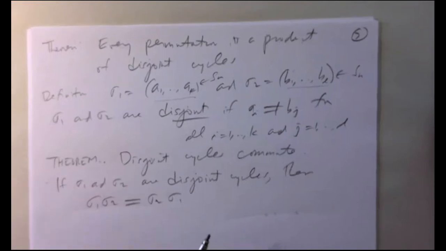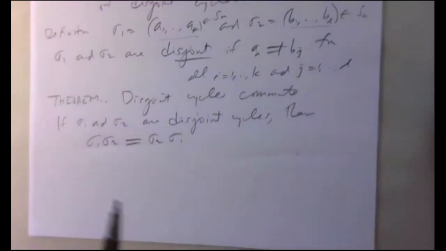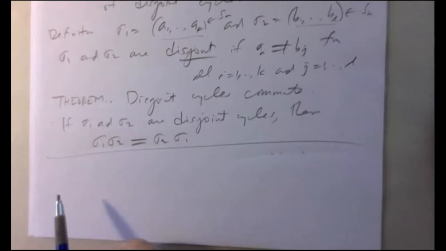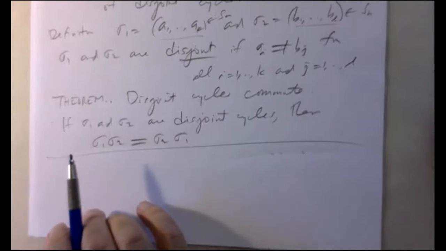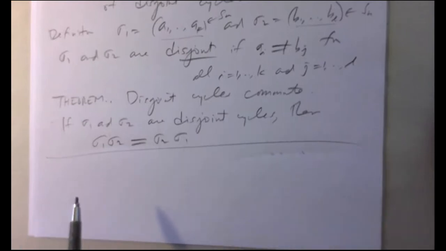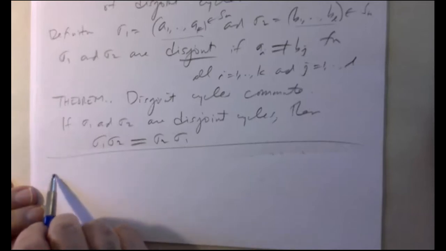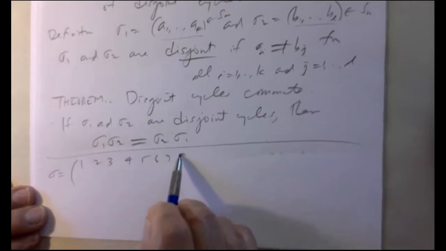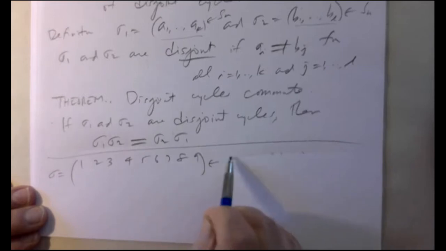So for disjoint cycles, the order in which you write them doesn't matter. And there is a simple calculation to decompose or represent every permutation as a product of disjoint cycles. So suppose I have a permutation in S9.